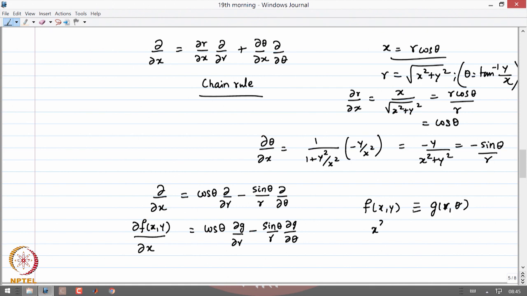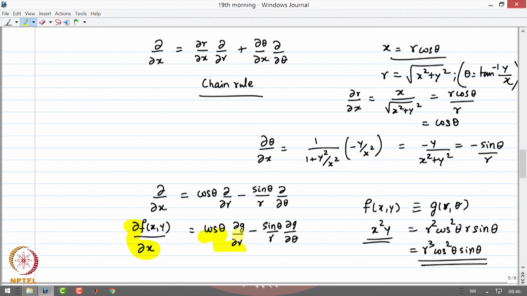So here if it is x²y, the corresponding g(r,θ), with x equal to r cos θ, is r² cos²θ times r sin θ, which gives you r³ cos²θ sin θ. These functions are equivalent, and therefore these derivatives are also equivalent. The derivative ∂/∂x is given in this system by this and also by this. Let us calculate and see that it is true.